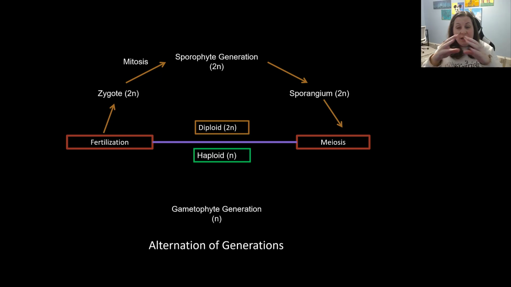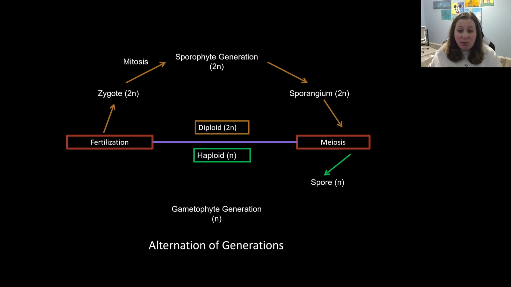We're going to create, in this case, spores. Okay, and it's going to be that egg and sperm eventually. So when we look here, meiosis is what's going to take place where we are going to halve the number of chromosomes and spores are created. These spores only have N, haploid structure.